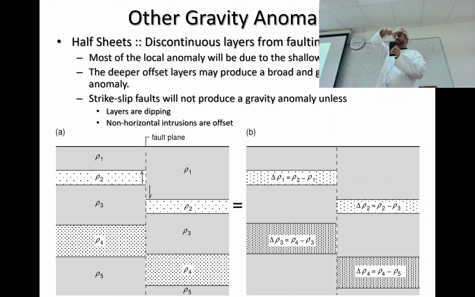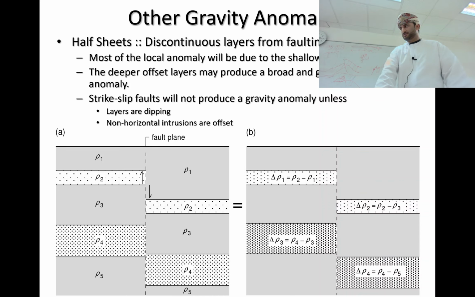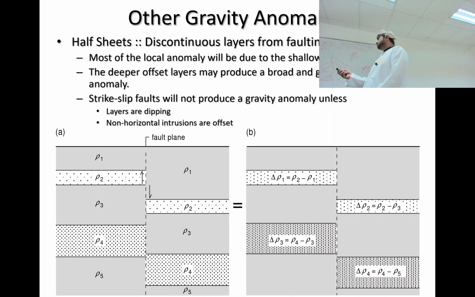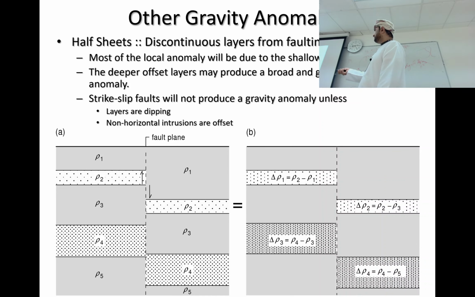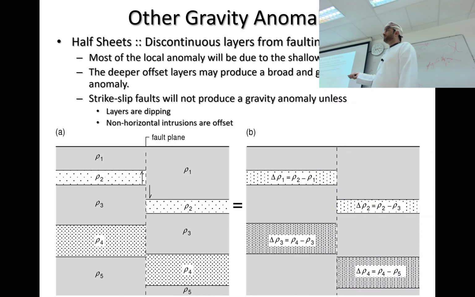If I take a measurement here, would I get an anomaly or not? Not necessarily, but if it's inclined, then yes. Then I get an anomaly. So such faults, neither normal nor reverse faults, they might produce no anomalies.